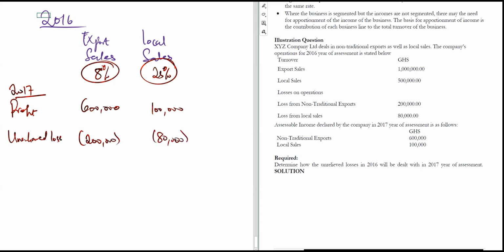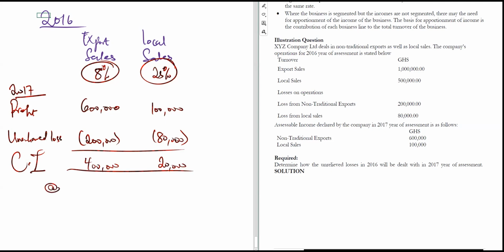Do you all agree? Yes. This becomes a chargeable income of 400,000, and this one 20,000. Then we tax this at 8% and this one at 25%. That becomes a total tax liability for the company of 37,000.